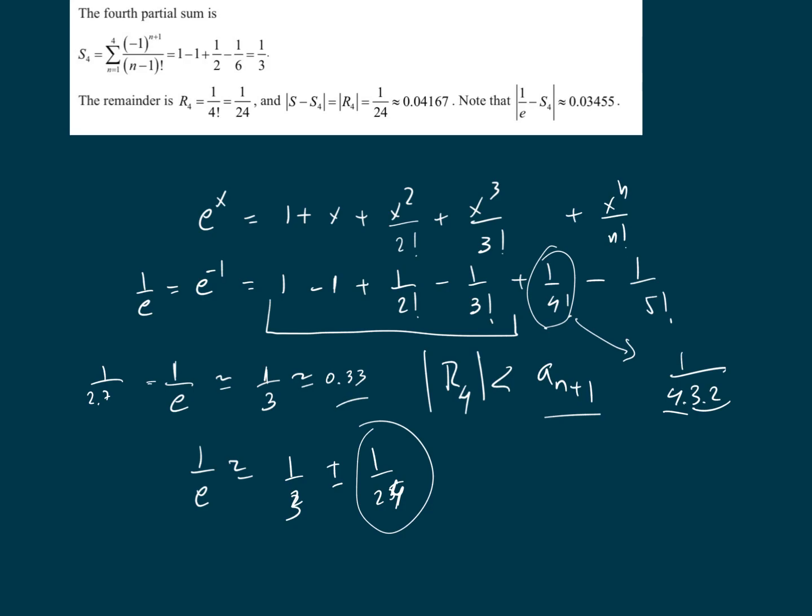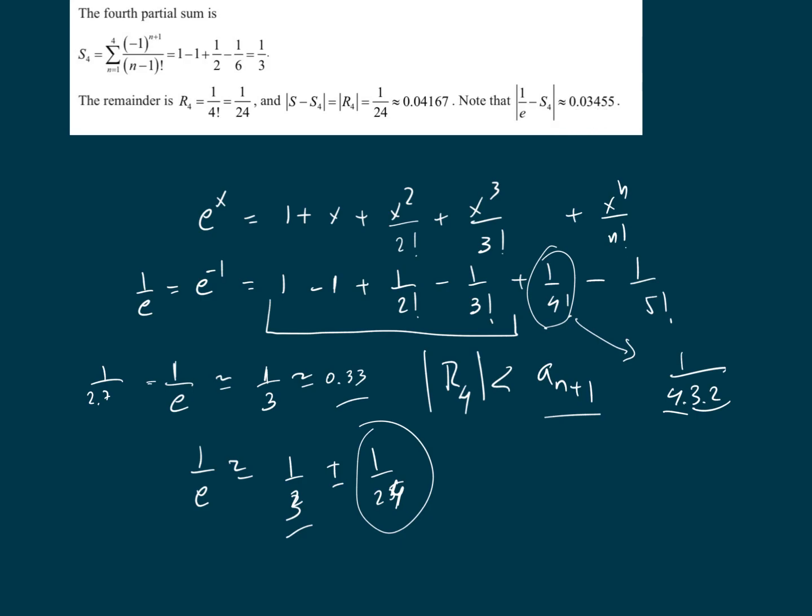So you know that 1 divided by e is approximately 1/3 with an error of 1 divided by 24. So the difference between the real value, 1 divided by e, and the sum of the first 4 terms is this error.